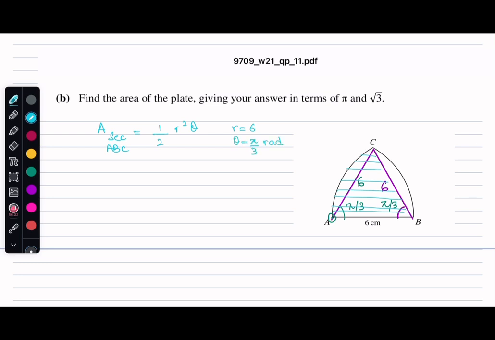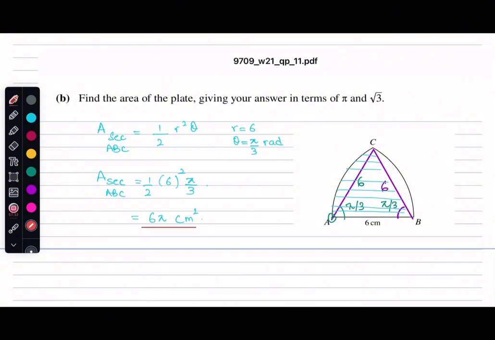So if I substitute these values, area sector ABC then is going to be 1 by 2 into 6 square into pi by 3. Area sector ABC then is going to be 6 pi centimeter square. So we have the blue region, area of the blue region, which is 6 pi centimeter square here.